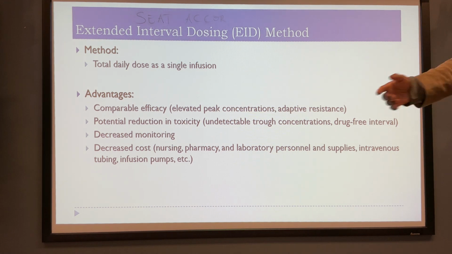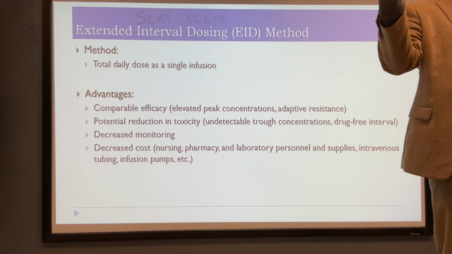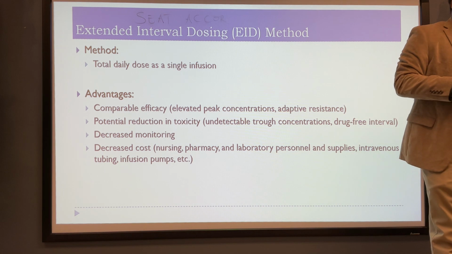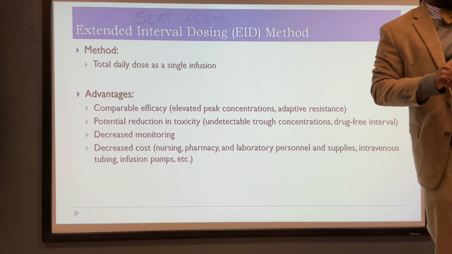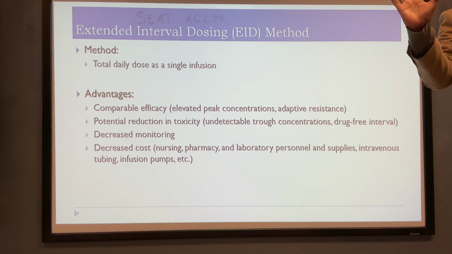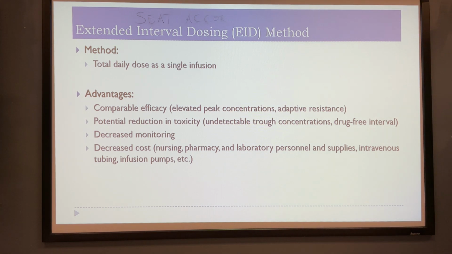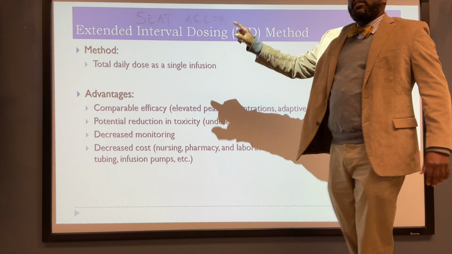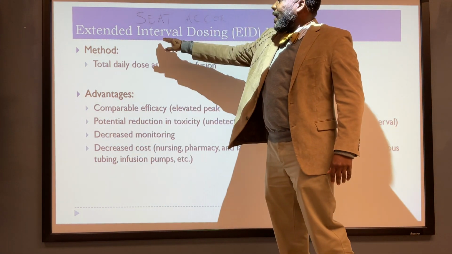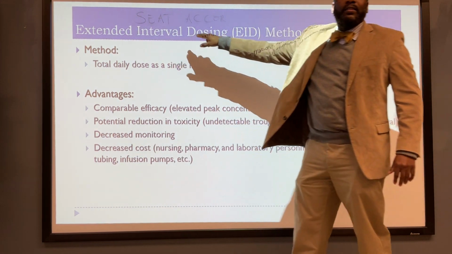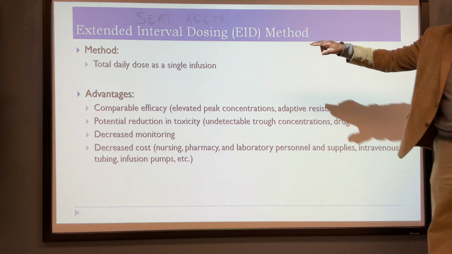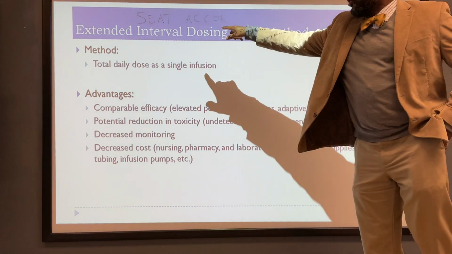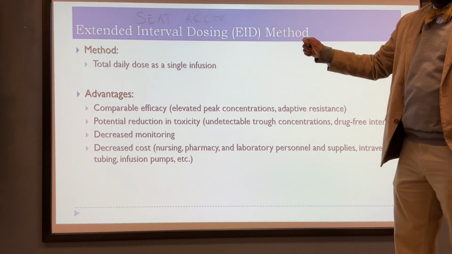We demonstrated that with this particular case in the lab when we looked at a bolus, giving it all at once, versus infusing it over 30 minutes, which resulted in a lower peak. This is where some people get confused. We're not talking about the infusion time. This is not an extended infusion. This is an interval. So we're extending the dosing interval.